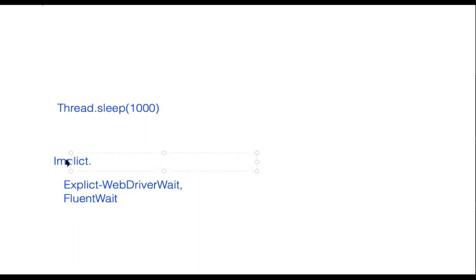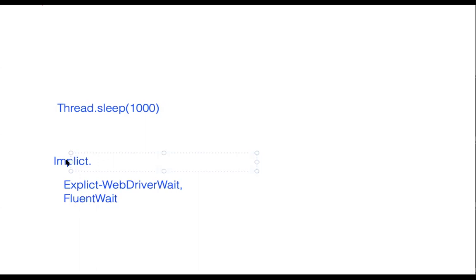By implementing implicit wait, we are instructing the driver to wait before it throws an exception. So now let's say we have implemented implicit wait. What will happen when you write driver.findElement and we have instructed it to wait for 30 seconds before it says I'm not able to find it?